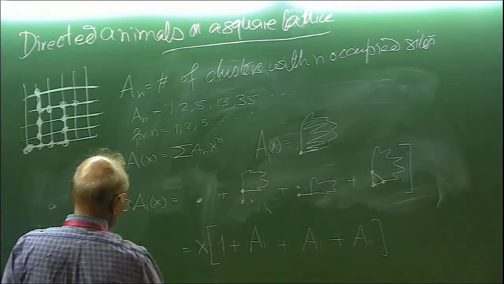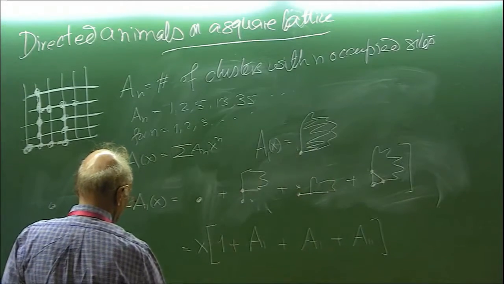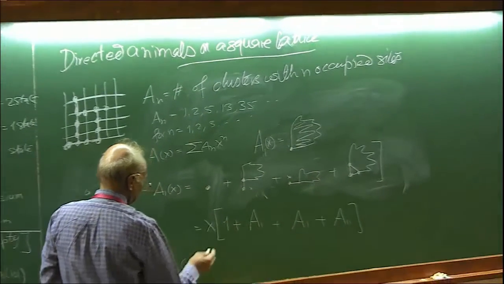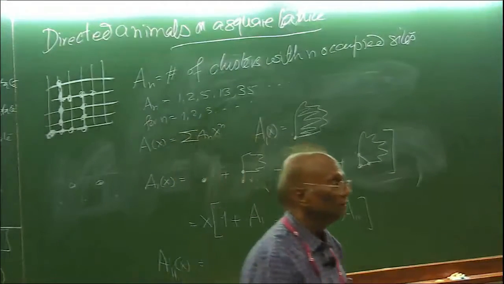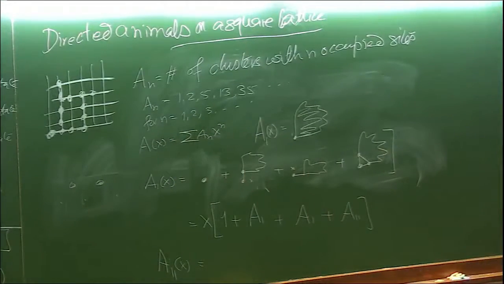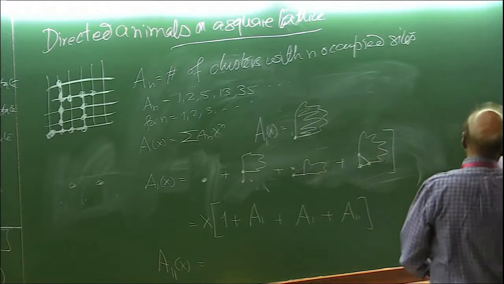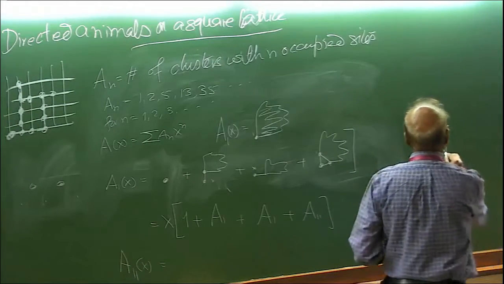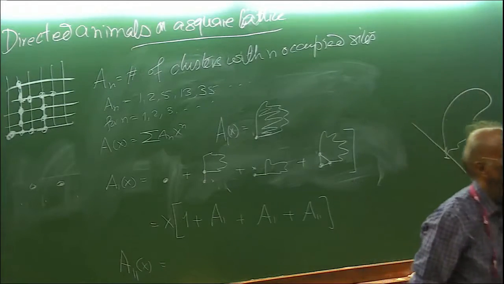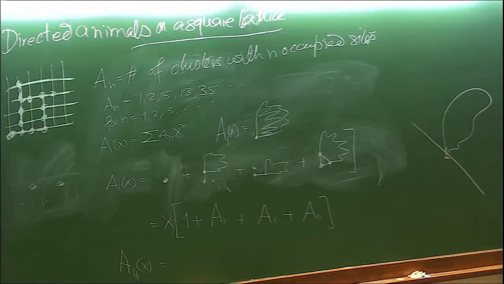And then similarly I write an equation for A11 of x. A subscript 1 means there is a single site occupied on a line and a cluster grows out of this. Okay?